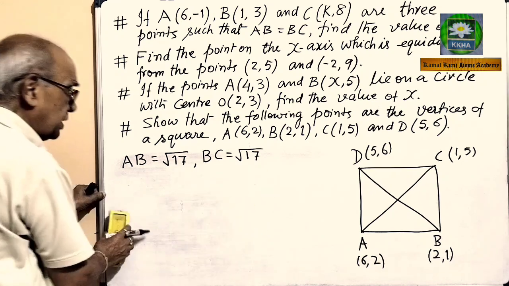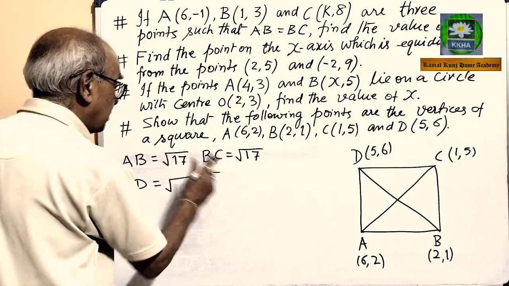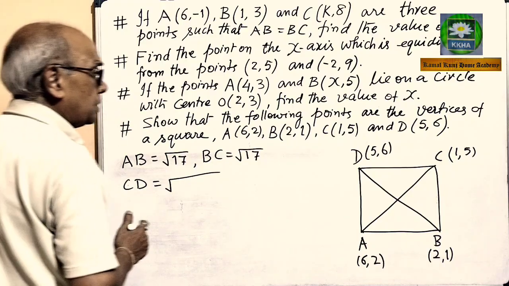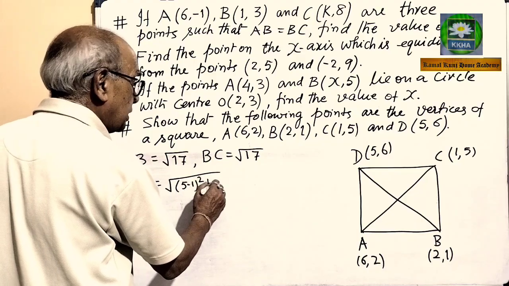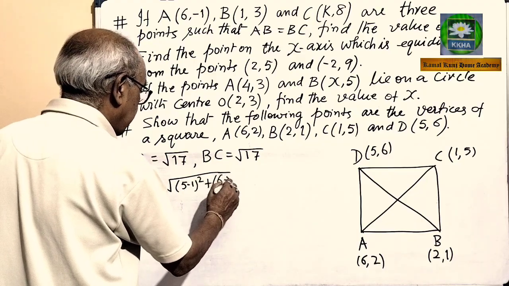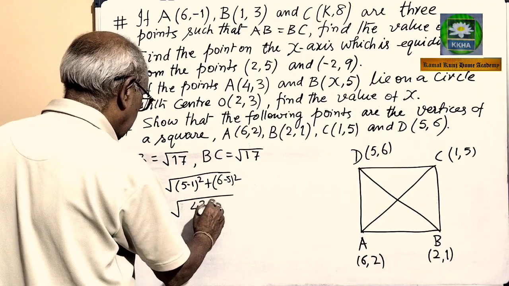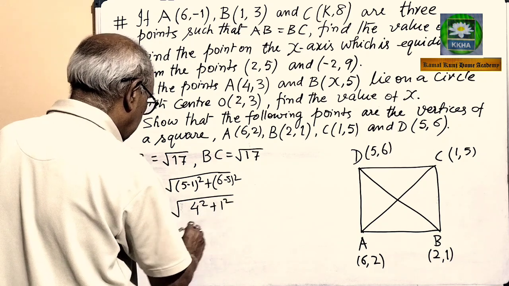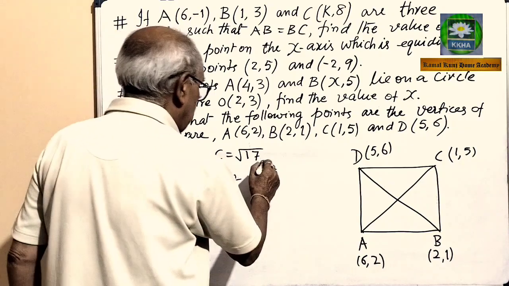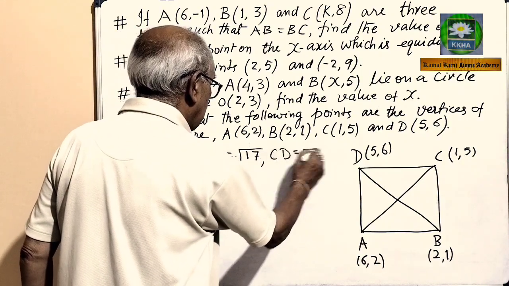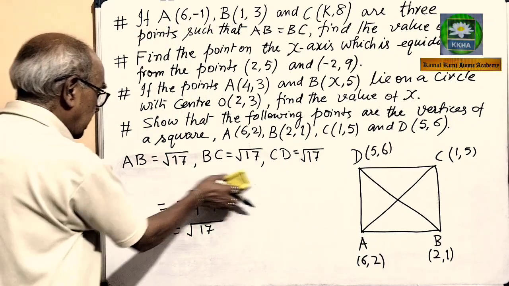Now just find the other two sides. CD is equal to (5 minus 1) whole square plus (6 minus 5) whole square, which is 4 square plus 1 square, under root 17. So CD is also root 17.